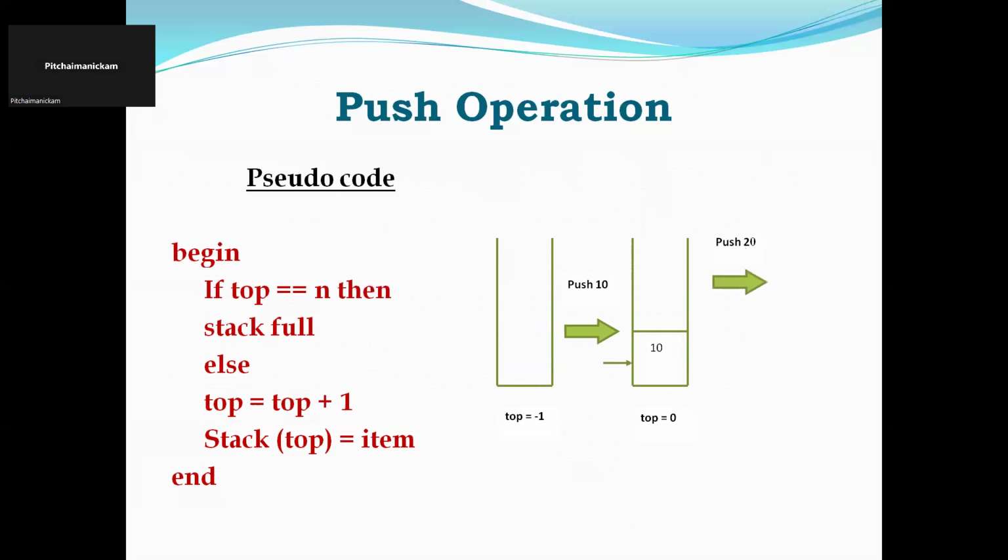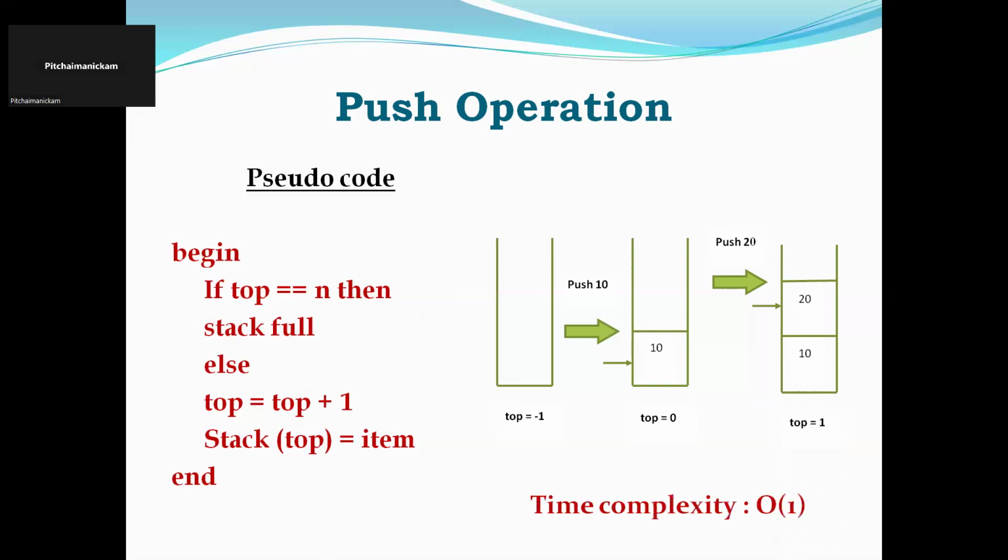Again, I want to push an element, 20. In the previous case, the top value is equal to 0. Now I increment it by 1, so 20 is inserted, and top is equal to 1. Then again I can insert another element into the stack. This is a push operation.